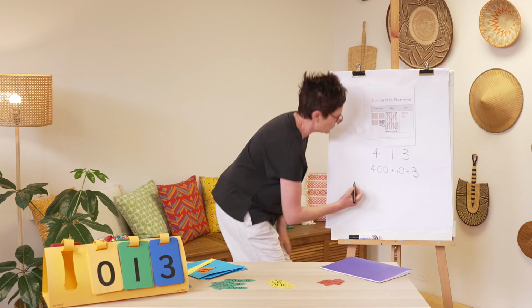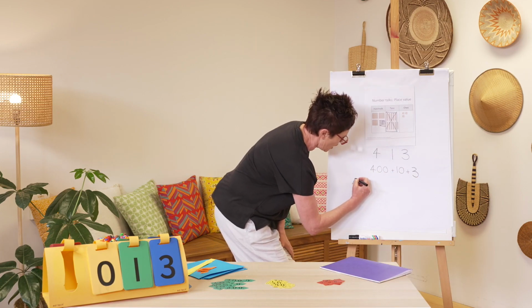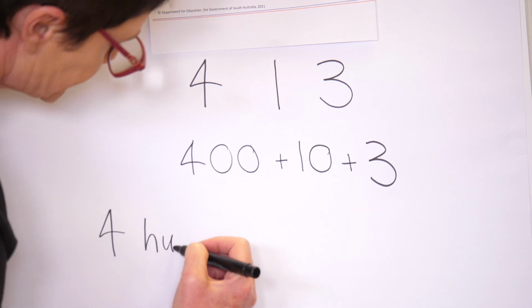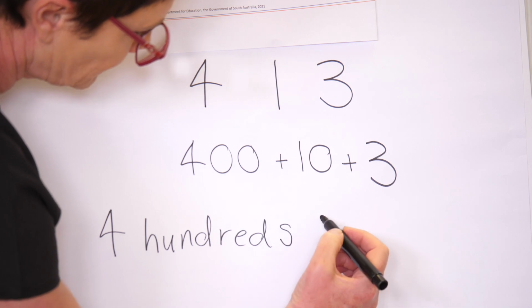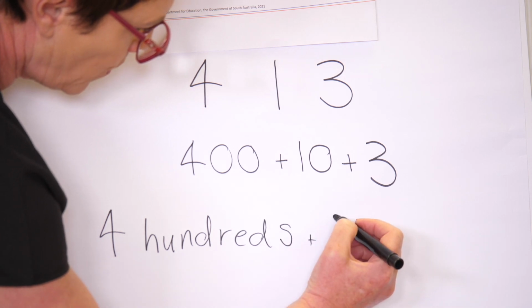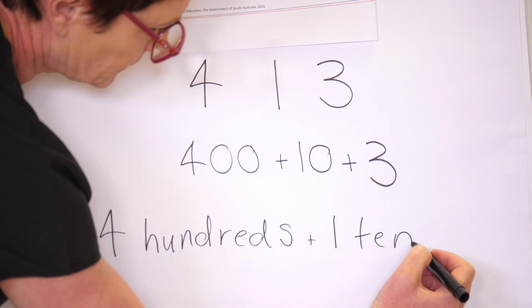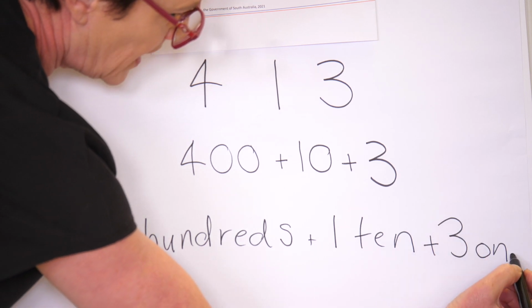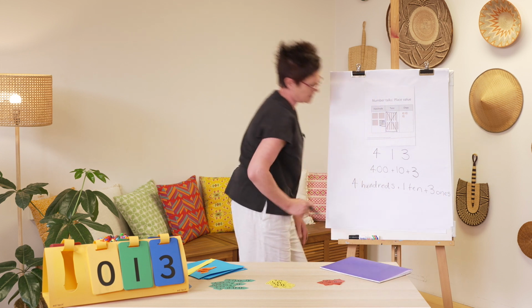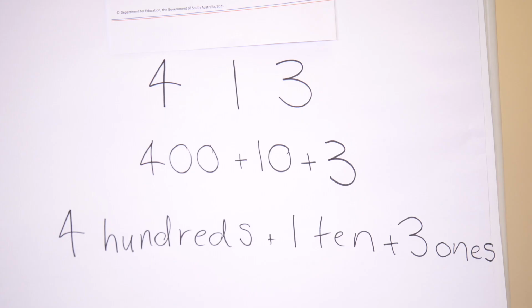Okay, let's try that one more time. I can write this as 4 hundreds. I can write this as 1 10. And I can write this as 3 ones. 2 different ways to write 413.